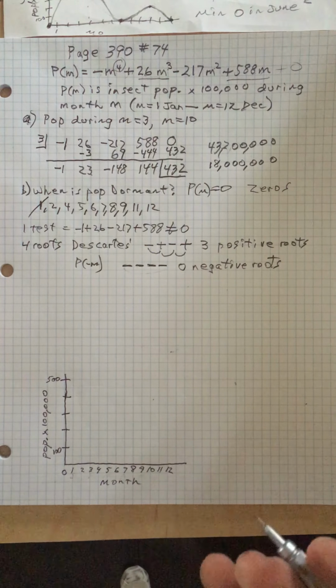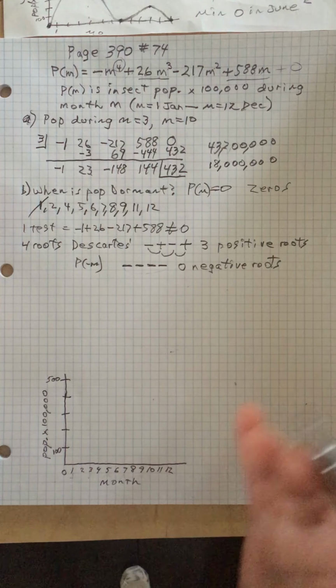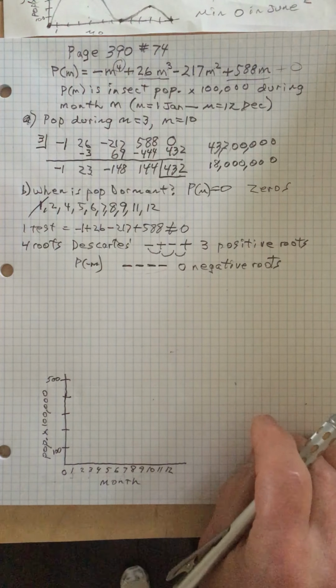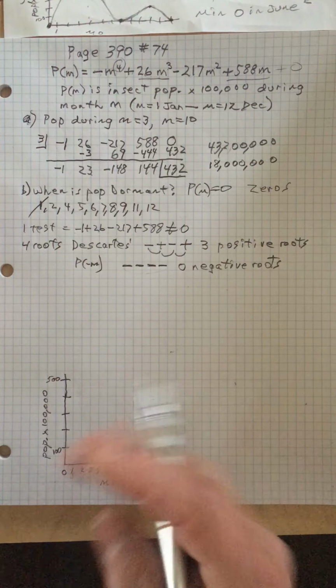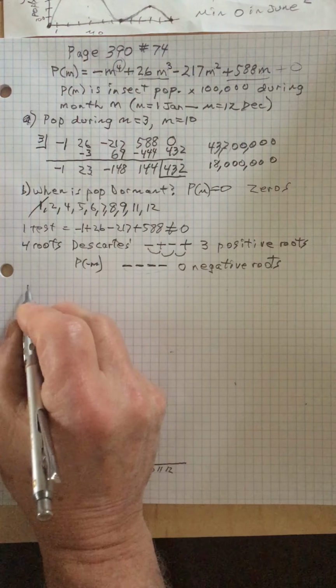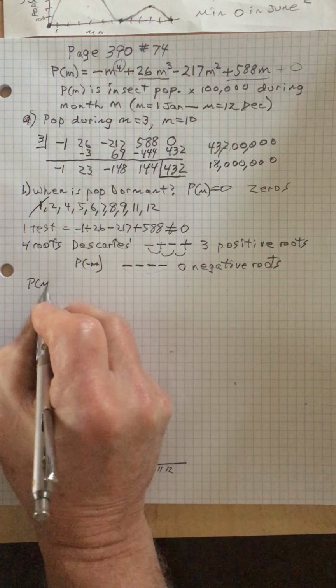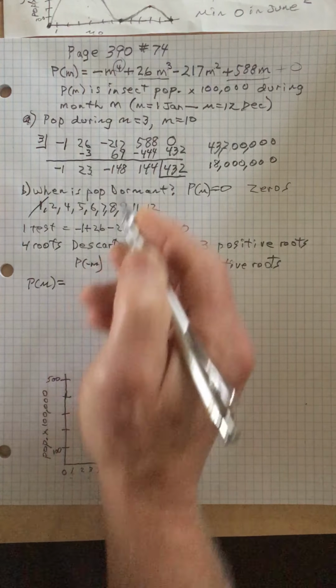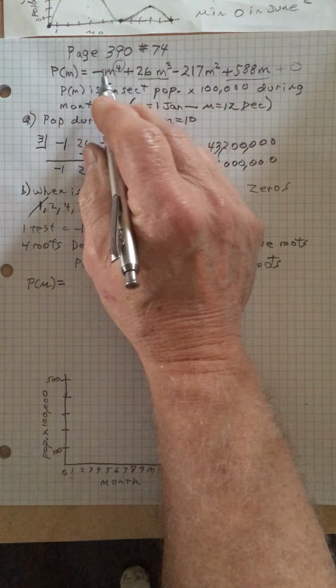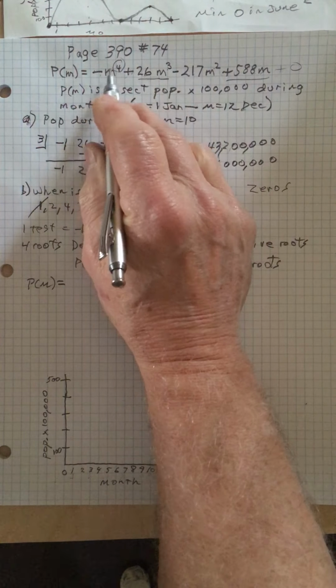Okay, so what are the possible roots? Well, we can look at the rational zeros now. But first we can see how much factoring we can do. So if I go back to the original, all of these guys share an m. And since the leading term's a negative, I'm going to factor out a negative.